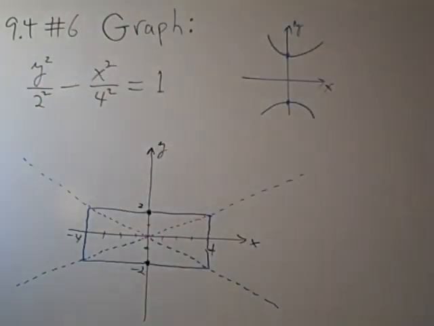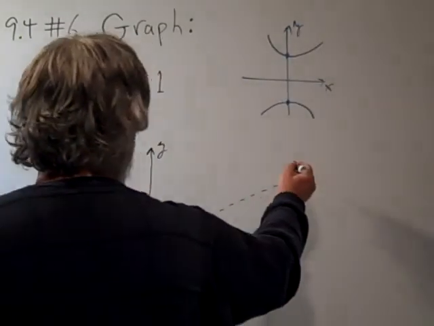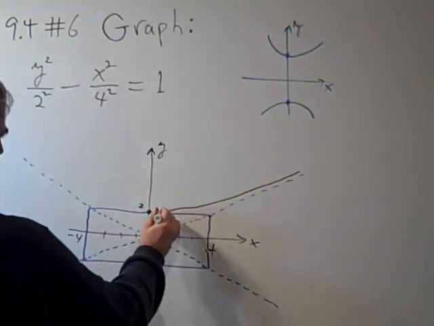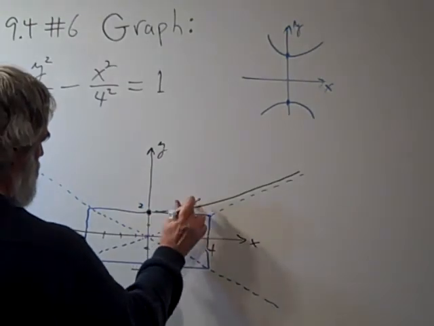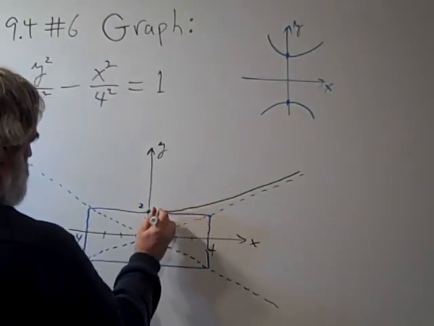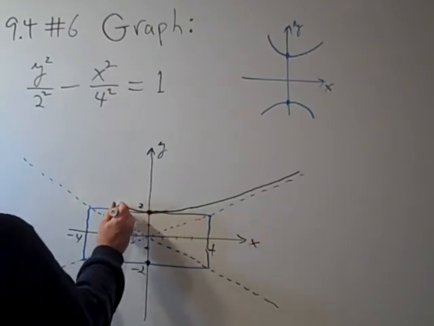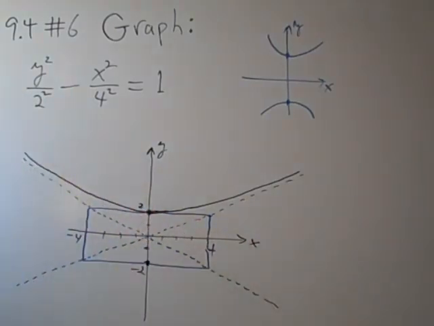So now to graph the hyperbola. It asymptotically approaches each of its asymptotic lines there, the diagonals of the box. And it comes down here with a little vertex cutting through the y-axis at 2, and then approaching asymptotically the dashed line.